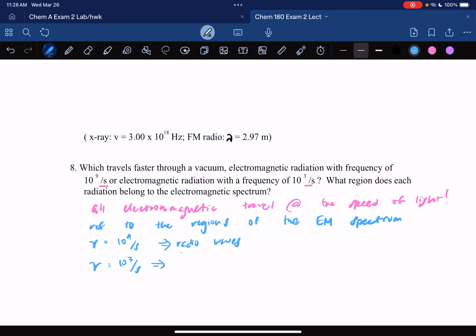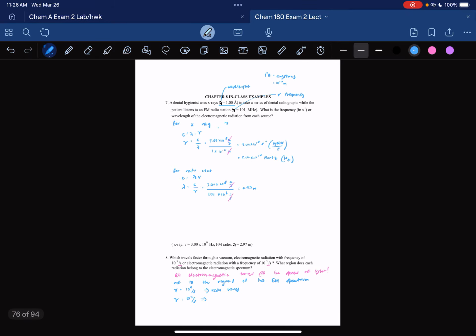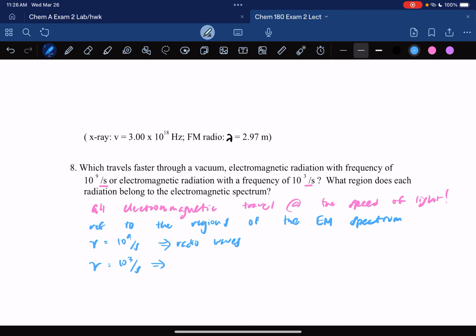Number 3. Can I move on? Yes. Is there any reason to not consider microwaves for 10 to the 9? Yeah, there is a little bit of overlap. But if you have a more precise electromagnetic radiation spectrum, it actually falls more into the radio, your cell phone region.